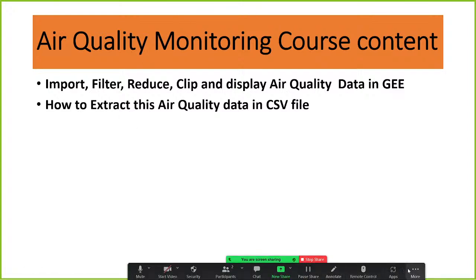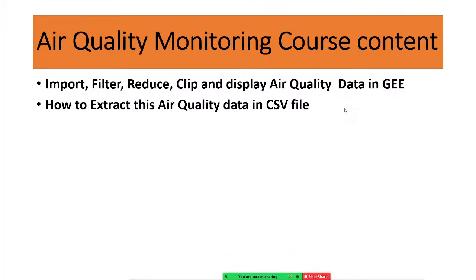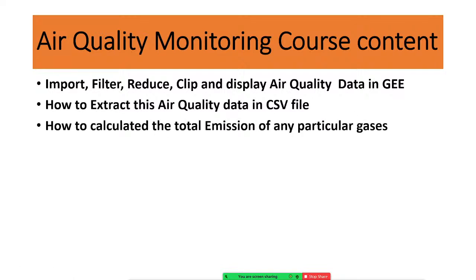Then how you can calculate the total emission of any particular gas. Suppose you want to calculate how much nitrogen dioxide is emitted at a particular place at a particular time. Then we also discuss how to export TIF images.